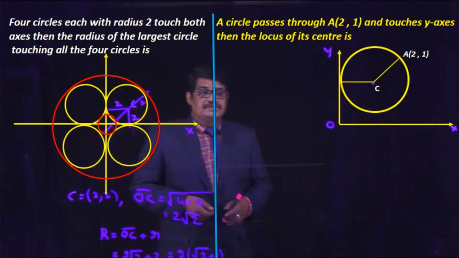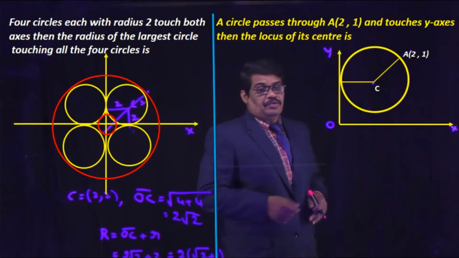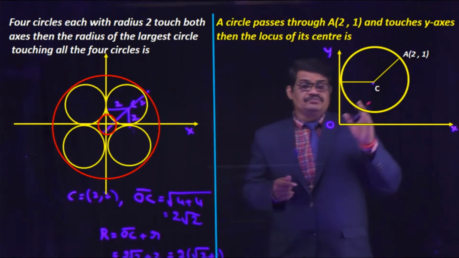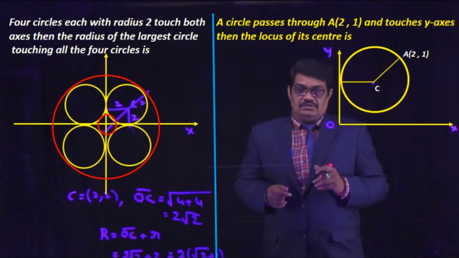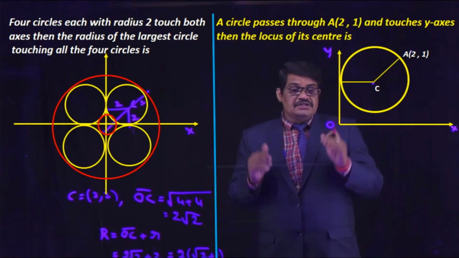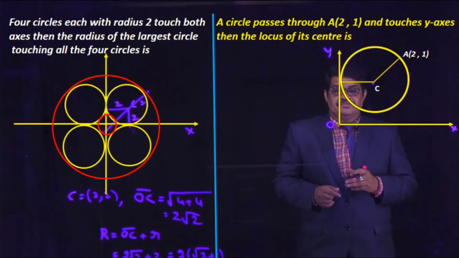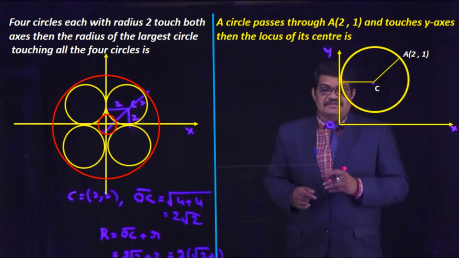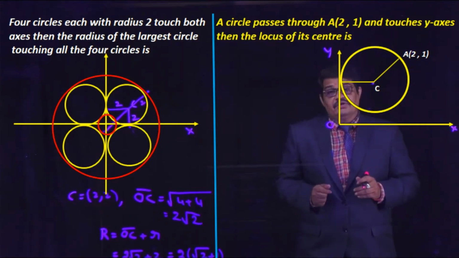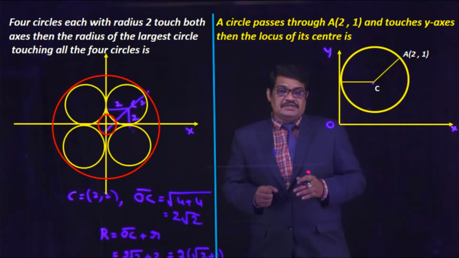Okay, next see another problem. A circle passes through the point 2, 1 and touches the y-axis. Then we have to find the locus of the center.